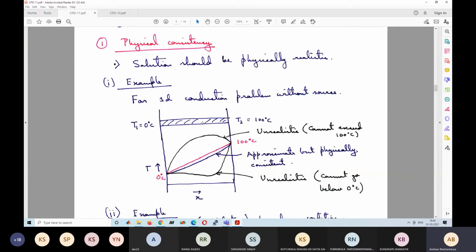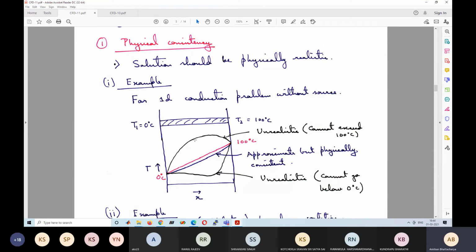So the temperature of the entire bar or plate has to be within the boundary temperatures. In this case we know it is a linear variation, but even if it was not linear, it would have to be between these two bounds without any source terms.